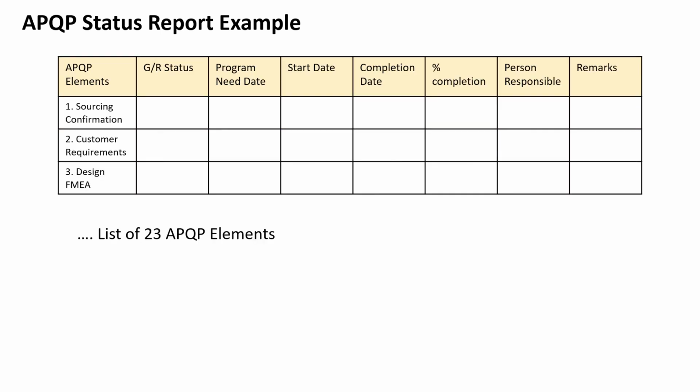And we will have all the 23 APQP elements we discussed in the previous slide, so those will be listed here, and we will get to know the status of the start date, completion date, percentage completion, the person responsible, remarks. We will get to know all these things here. This is the APQP status report example.